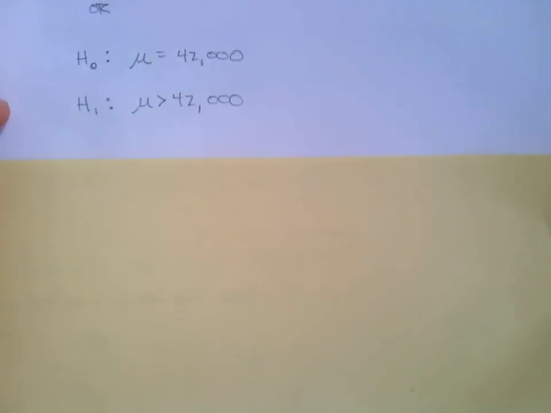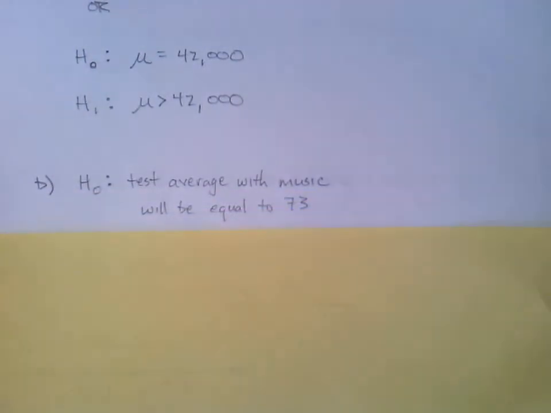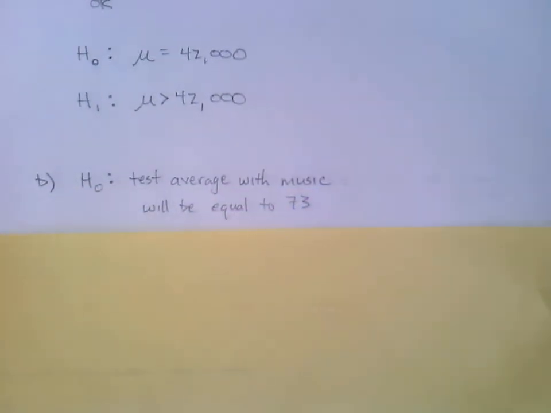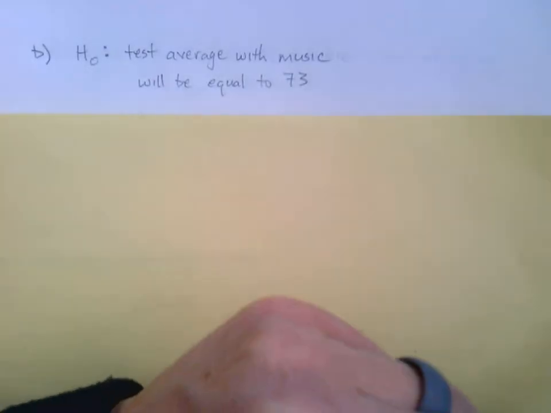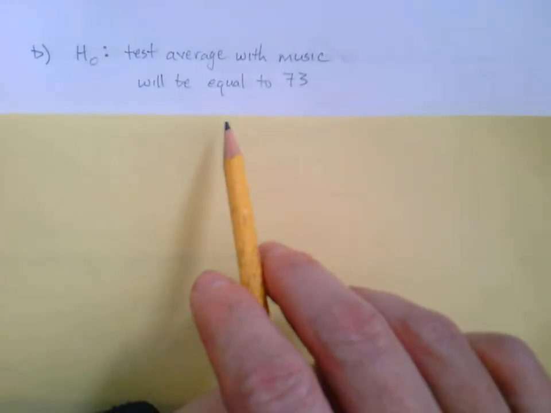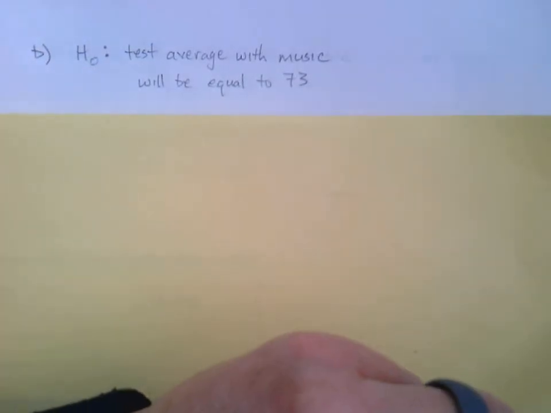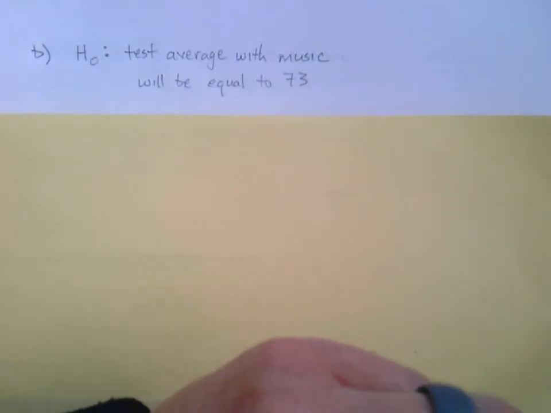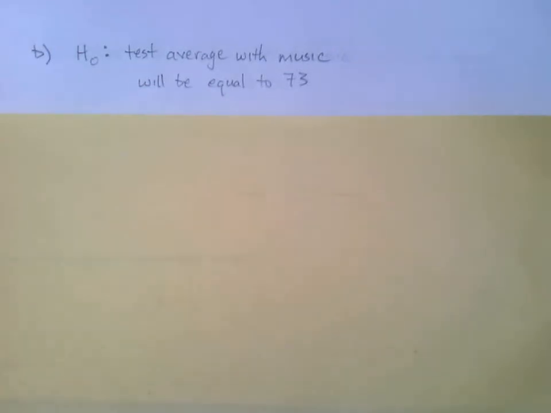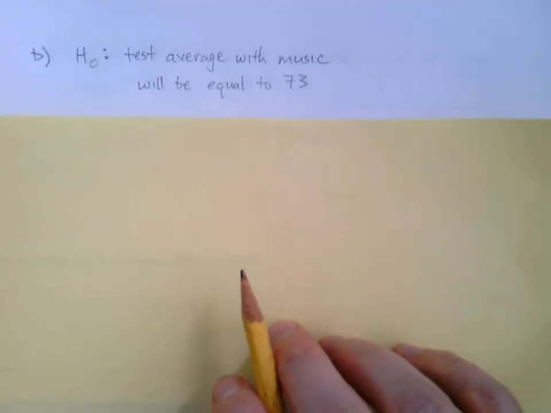So that would mean that the test average with music is not going to be any different than the test score without music. So it will still equal 73. And we're going to assume that this teacher is going to play music over many, many semesters. So we're looking at a lot of students, and in the end, there's not going to be any effect when you think of hundreds of students maybe.